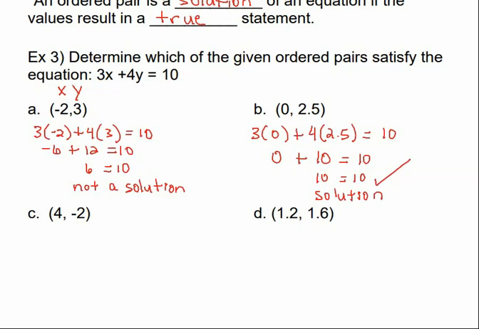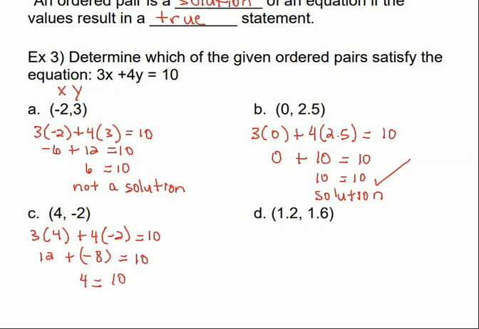All right. For C, we're going to plug in 4 for x and -2 for y. 3 times 4 is 12, and 4 times -2 would be -8. Well, 12 plus -8, or 12 minus 8, would be 4.